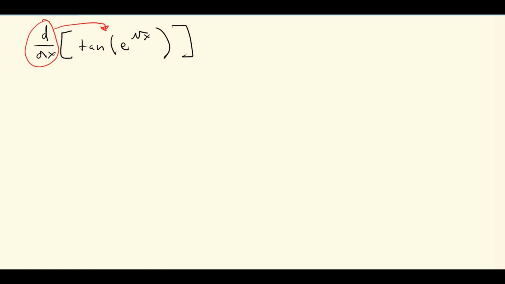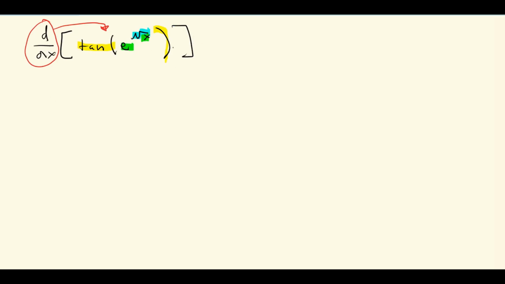Looking at this problem, we can see that we have the outermost layer being the tangent function, the next layer being e to the power of something, and then finally the last layer being the square root of x.